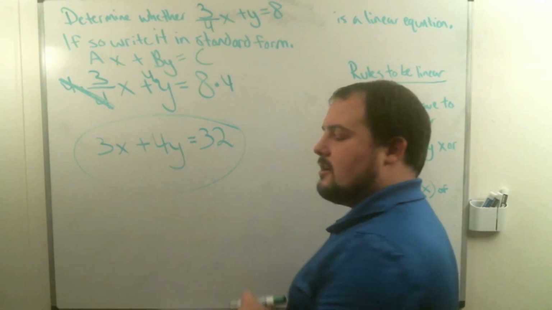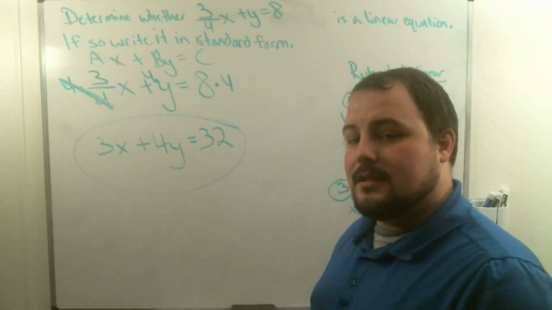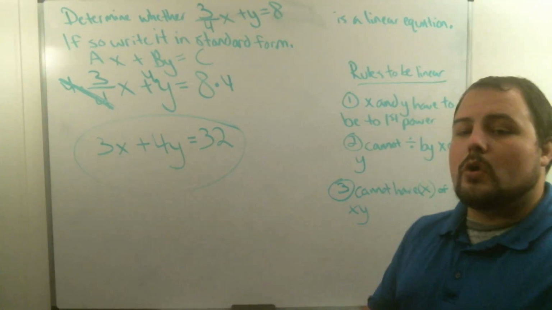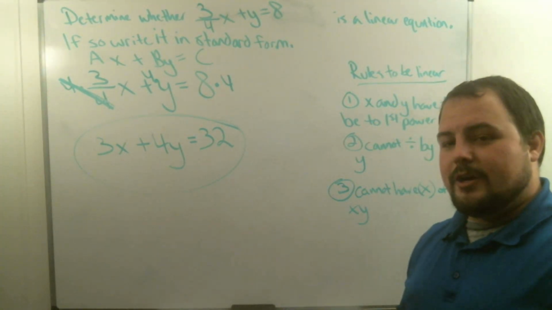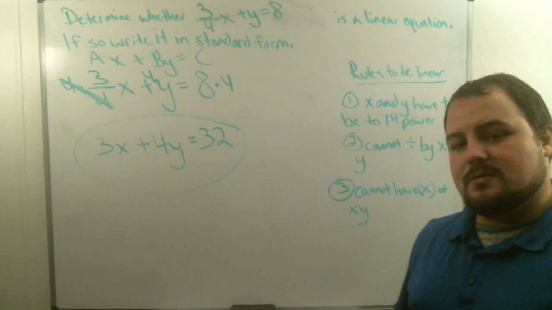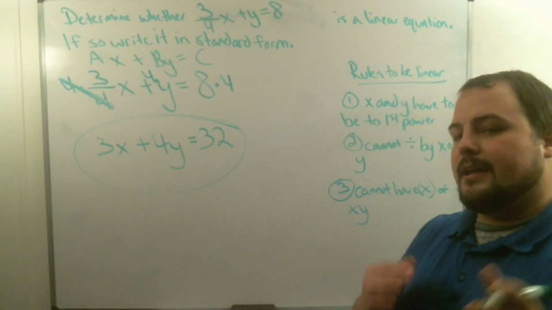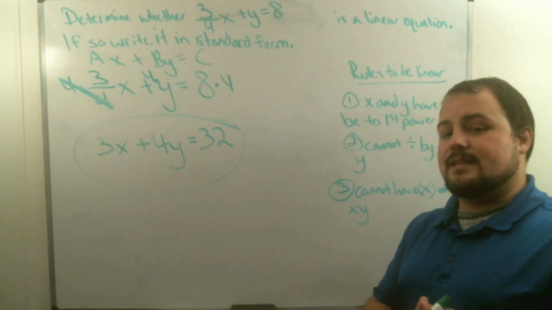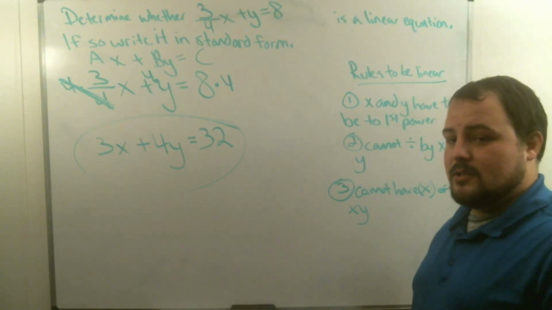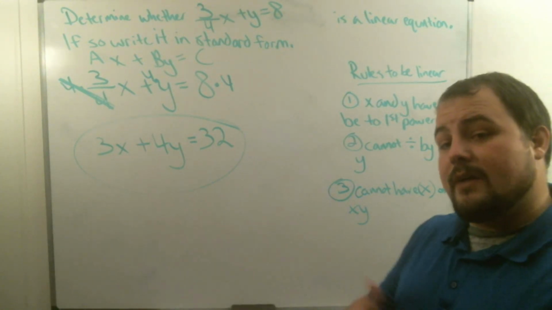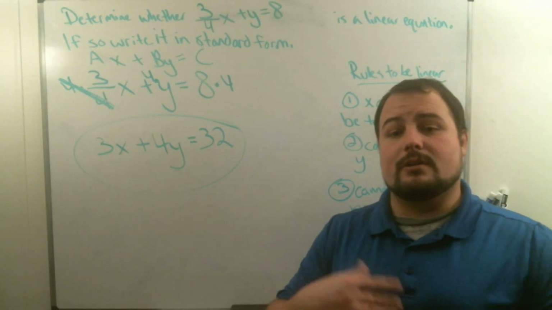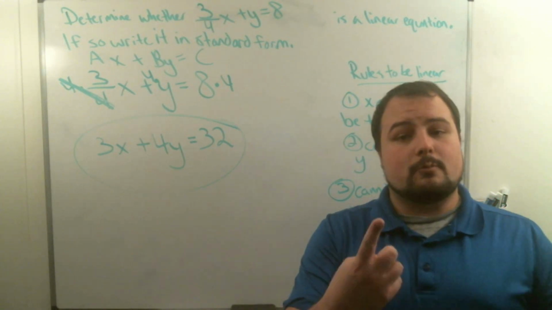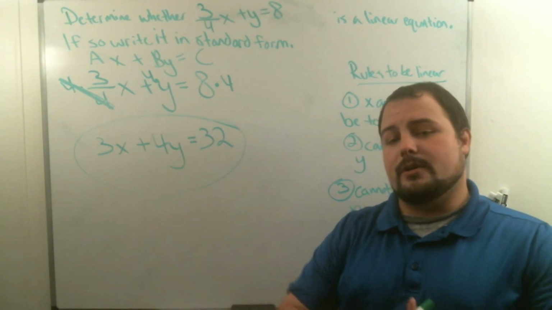And now it's in standard form. So yes, this is linear because we're able to get it in standard form. Also, it passes all 3 rules. X and y are to the first power, x and y aren't being divided, and x times y isn't happening. Since that's the case, we can make it standard form, so that's what we had to do. And in this case, whenever having a fraction, all we want to do is get rid of division. To get rid of division, do multiplication. When you multiply one number, you have to multiply all numbers.